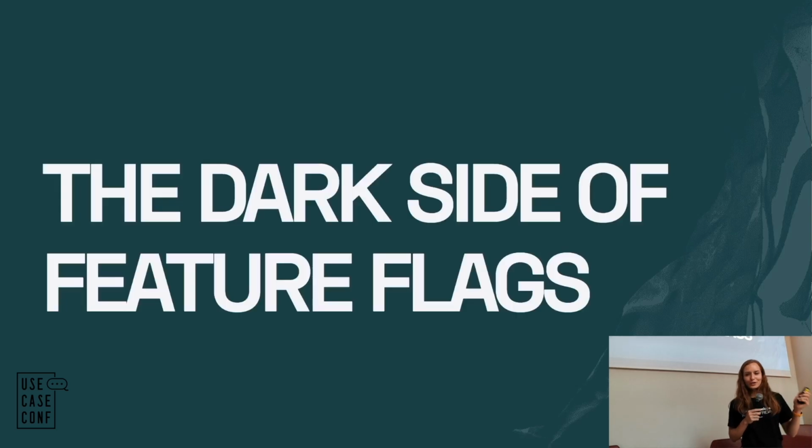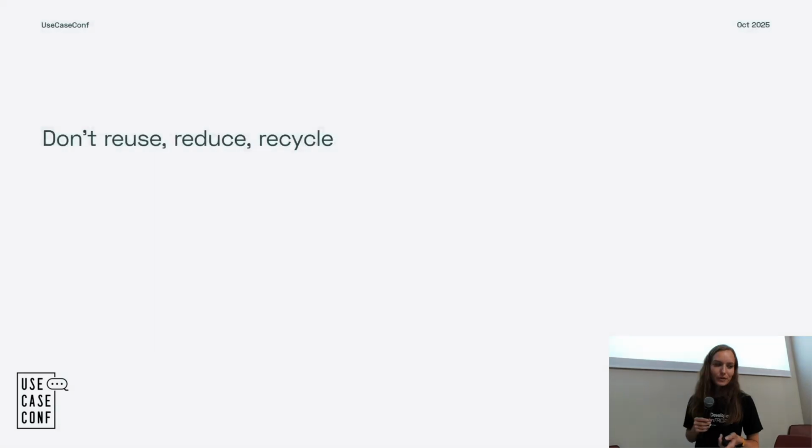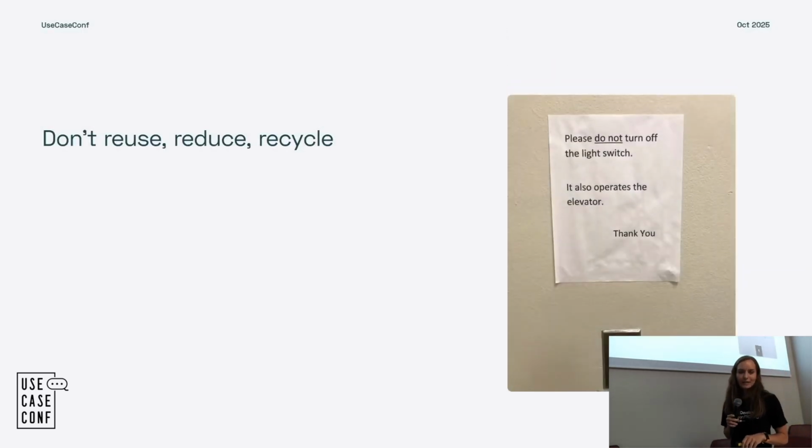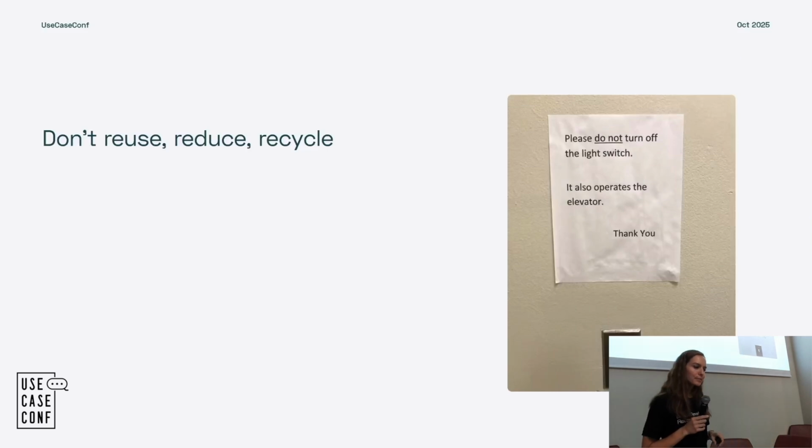This is a whole other topic on its own, but here are 3 of my favorite tips. Make sure the reduce, reuse, recycle principle does not apply here. And please make sure you don't end up in a situation like having a feature flag that somebody created ages ago, and maybe that person doesn't even work at your company, and nobody dares to touch it because nobody knows what different things it controls.